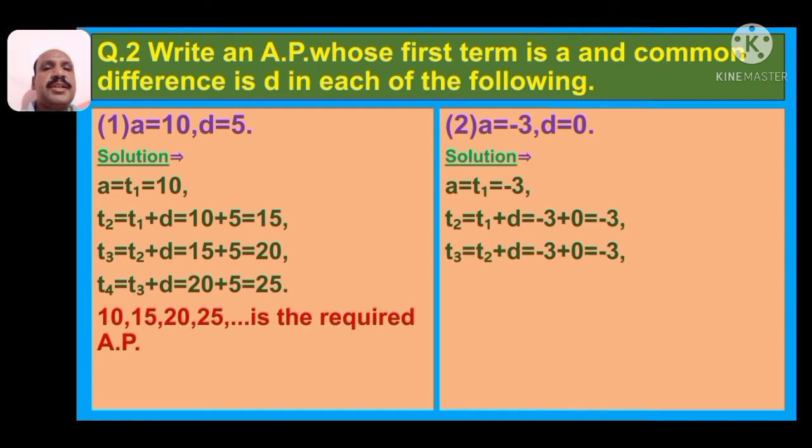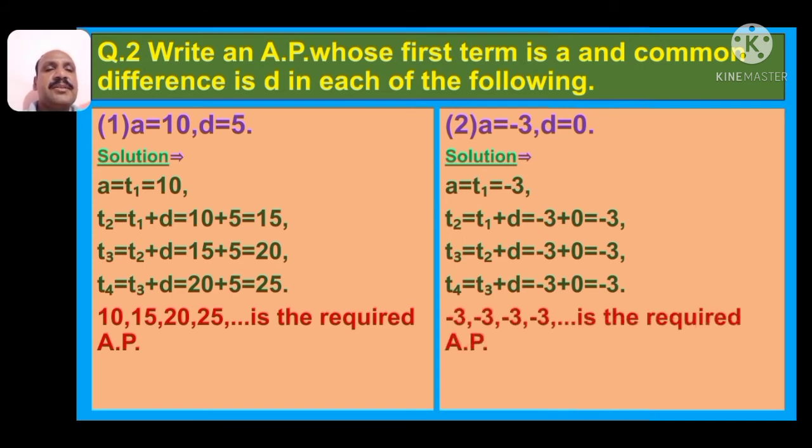T3 is equal to T2 plus D, which is equal to minus 3 plus 0 is equal to minus 3. T4 is equal to T3 plus D is equal to minus 3 plus 0 is equal to minus 3. That means minus 3, minus 3, minus 3, minus 3, dot dot dot is the required AP.